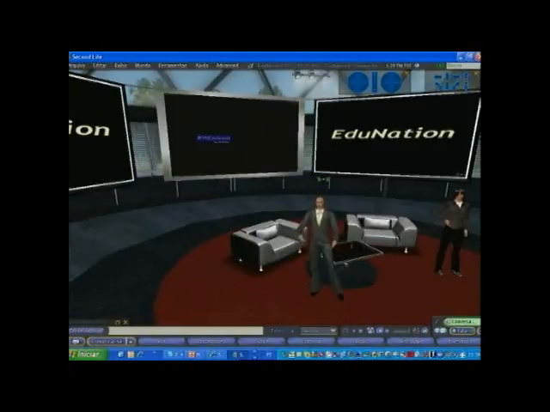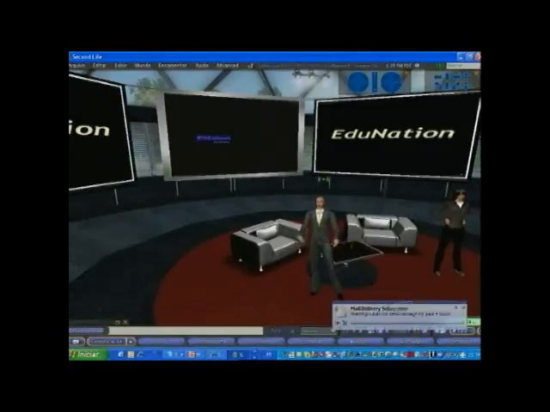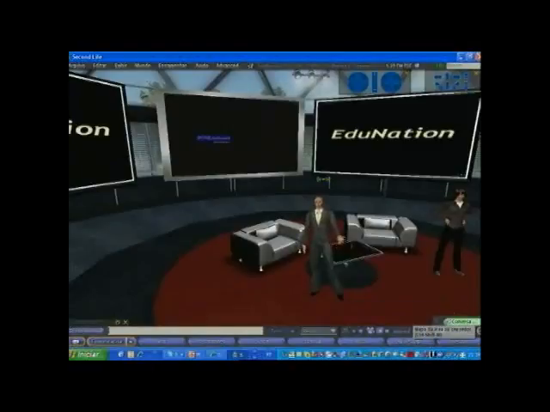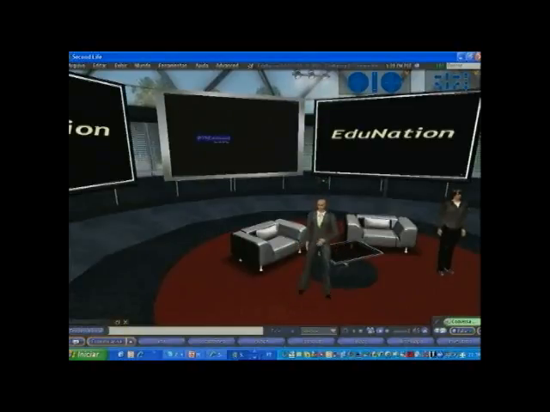Fortunately, today we are having very good audio in this auditorium. I should say that I'm not used to this in Second Life. Normally the audio quality is not so good, which makes things quite difficult for our students. On the other hand, if I want to send a document, I cannot send a conventional document.